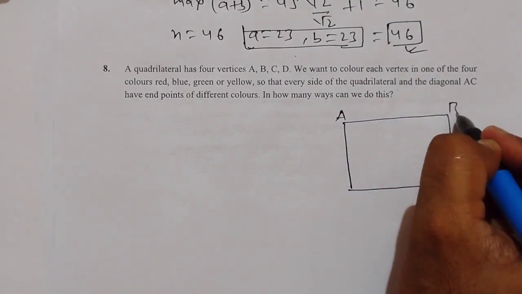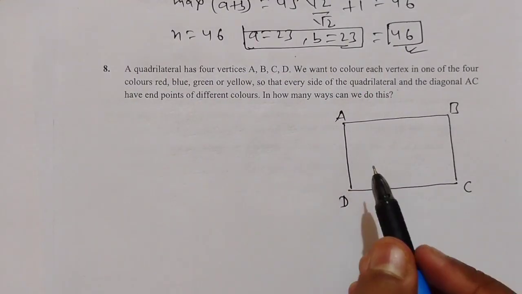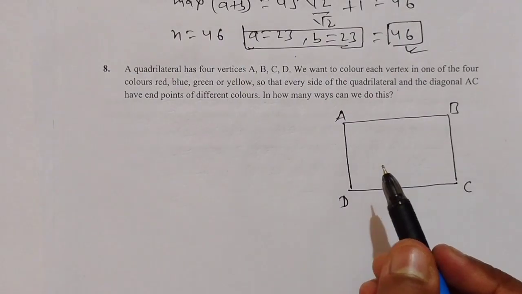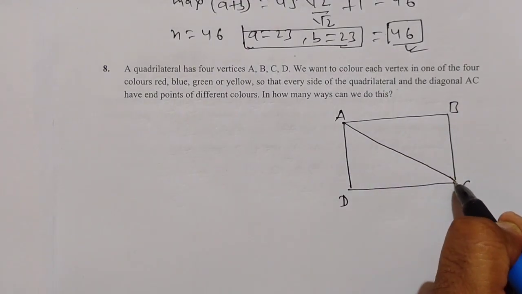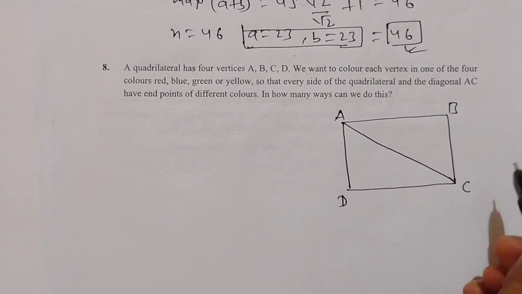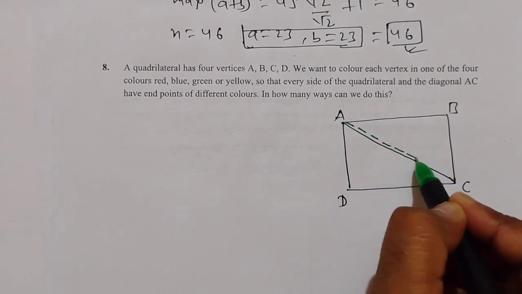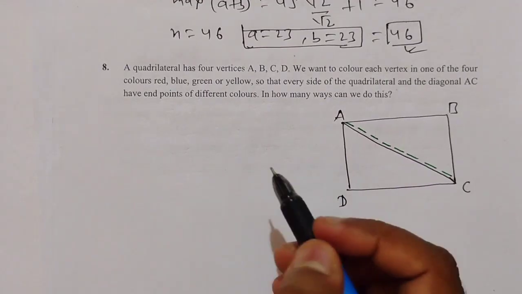Here A, B, C and D, and every side and the one and only diagonal here, AC, must be of a different color. So we are using this as a green color. This must be a different color.